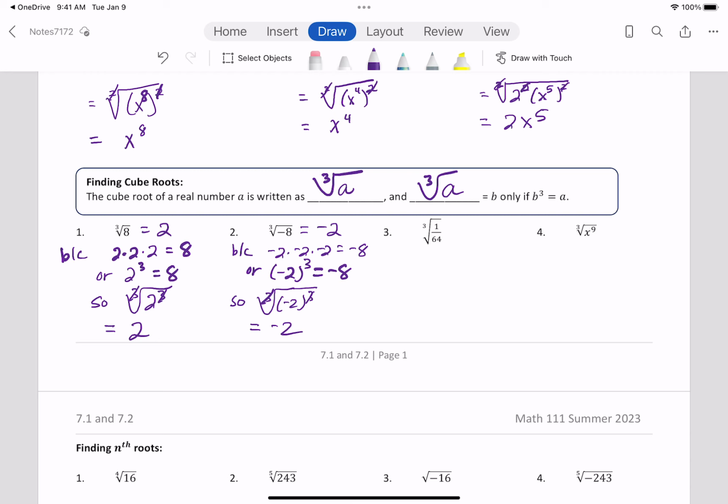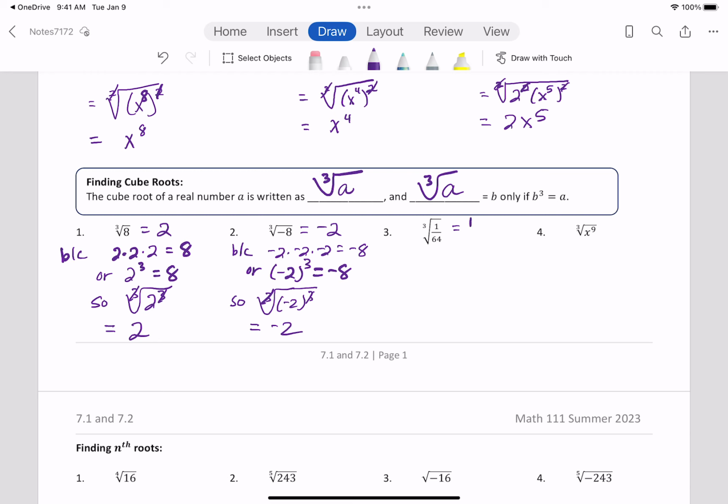For the next one, there's a couple of different ways you can look at this. If you want to split it into cube root of 1 over cube root of 64, you can do that, and we're going to do some of that later. But right now, we're just trying to get the hang of writing these things as the powers so we can cancel.